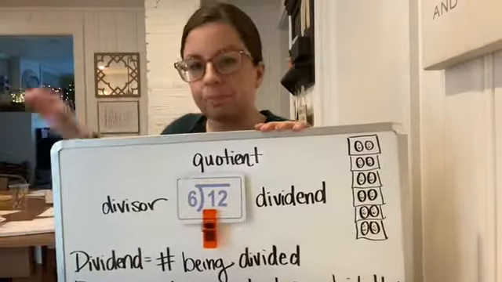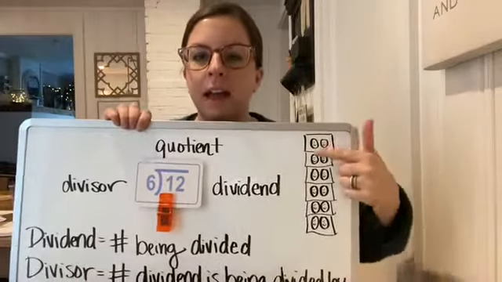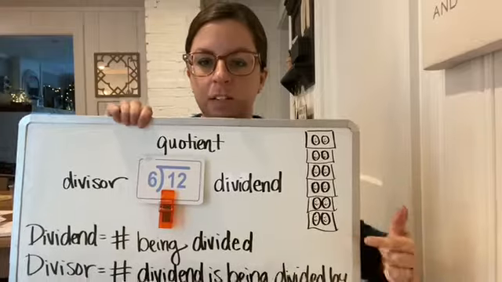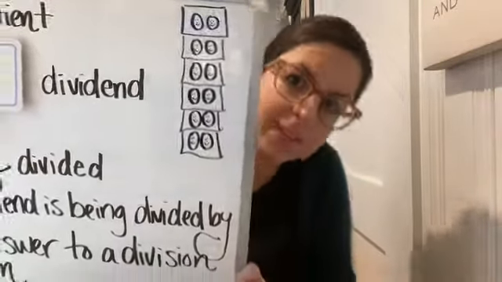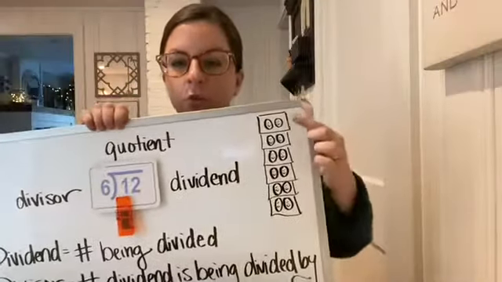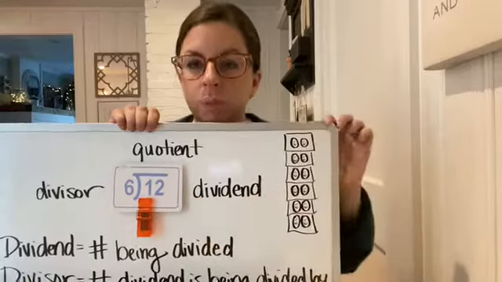Okay. So for this problem right here, I have 12 objects. They're 12 little people. And those 12 little people are divided into 6 groups.